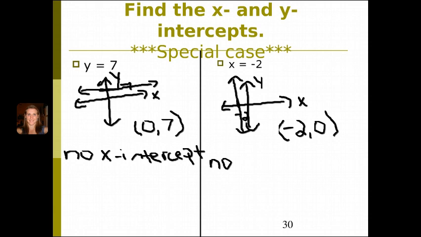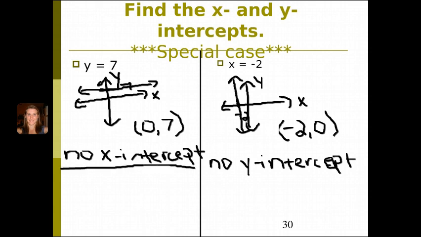And this is why they are special cases. So the thing to remember is if you have a y equals line, your y-intercept is the number, but you have no x-intercept. And on the x equals equations, your x-intercept is the number, but you have no y-intercept.